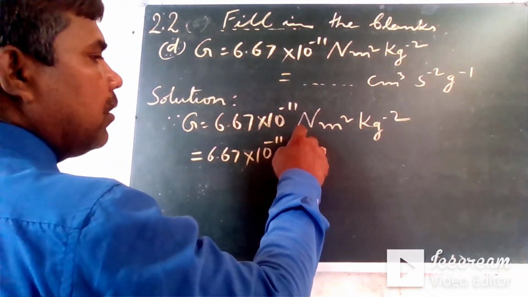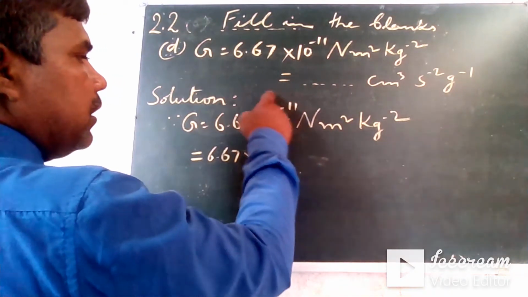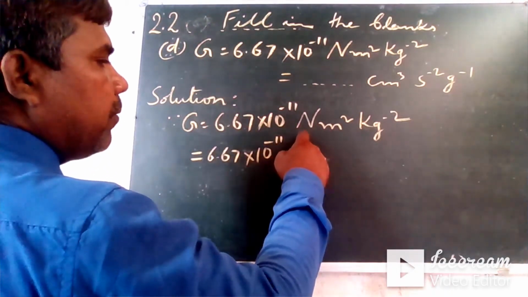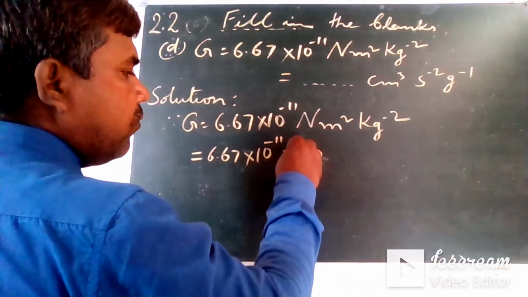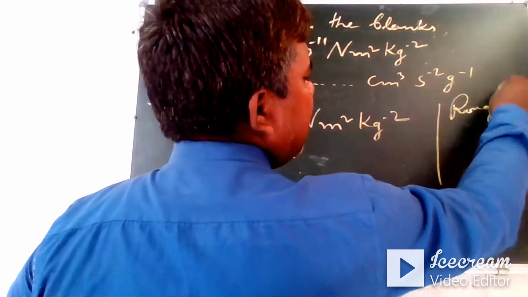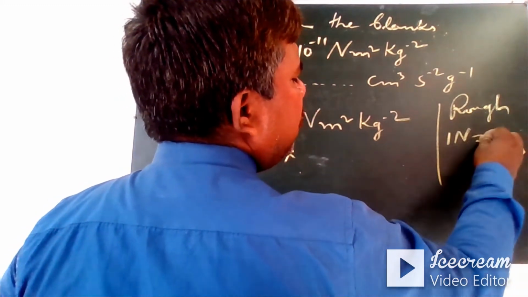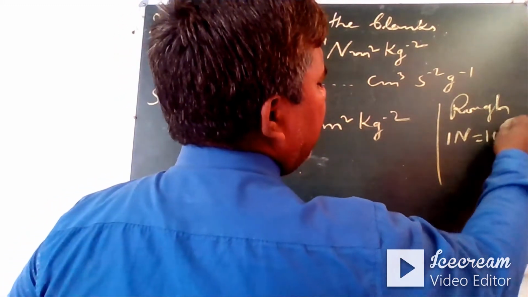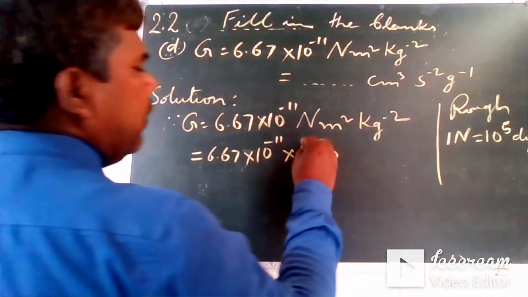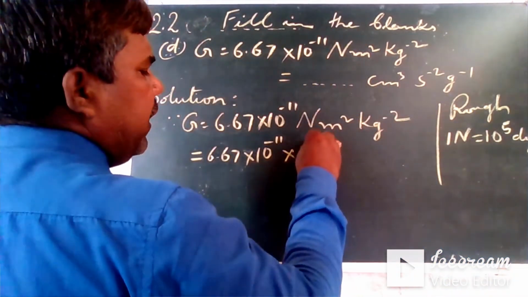Roughly, 1 Newton is equal to 1 lakh dyne, which means 10 to the power 5 dynes. So I will write here 10 to the power 5.